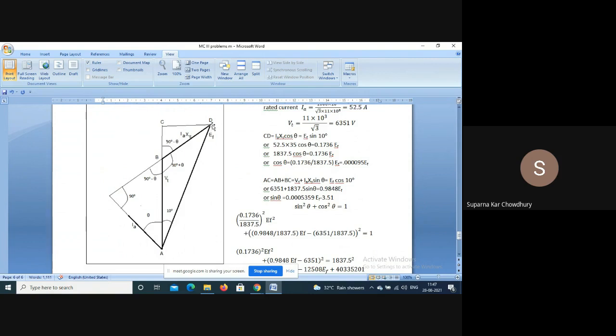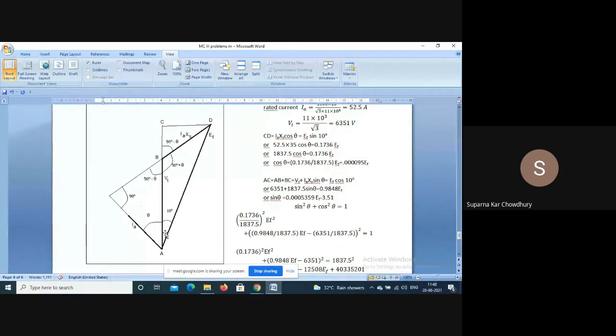EF is more because we know for a motor it operates at leading power factor for over excitation. Now if this is the phasor, what are the known quantities? We know Vt, we know this angle theta, and we know the current value, rated current. So we know the current magnitude, we know the value of Xs.